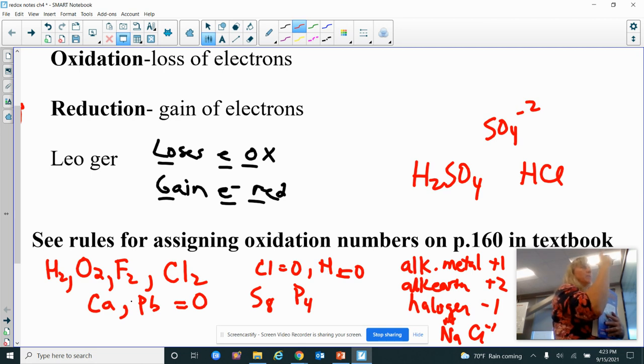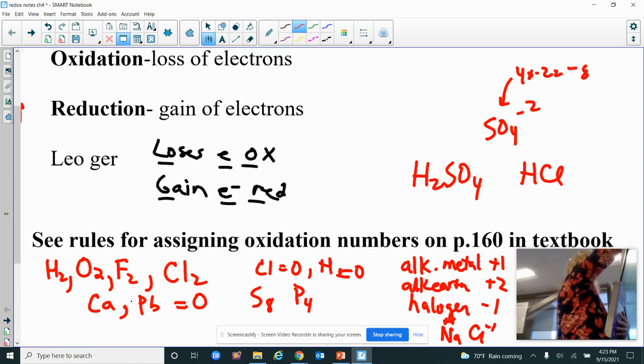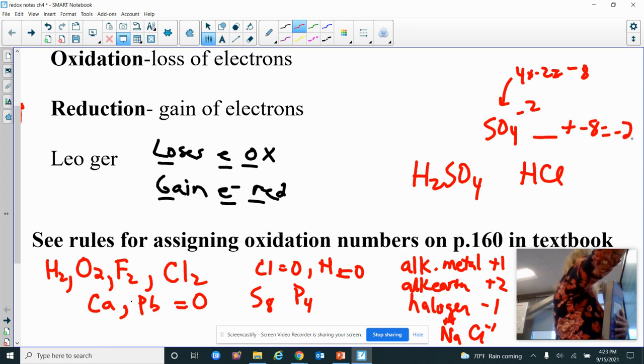Okay, so for example, oxygen. Oxygen is almost always -2. So if oxygen is -2 in this ion, and there's 4 of them, 4 times -2 is -8. And then that tells us that something for the sulfur plus -8 equals -2 overall.